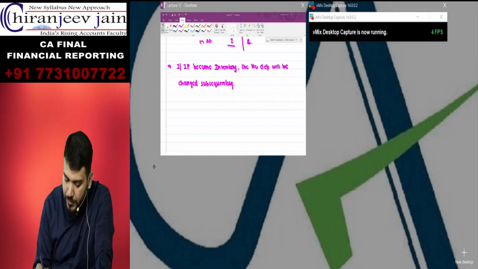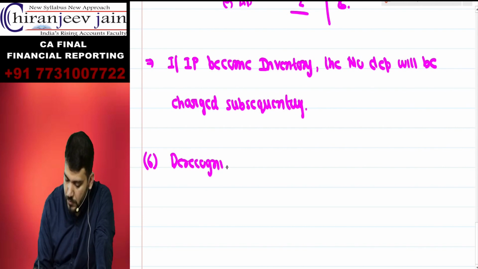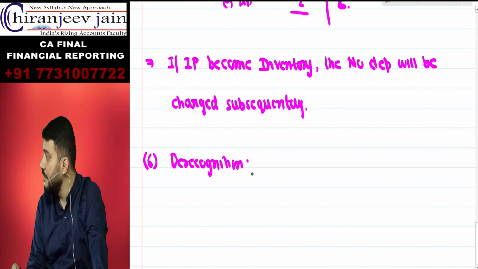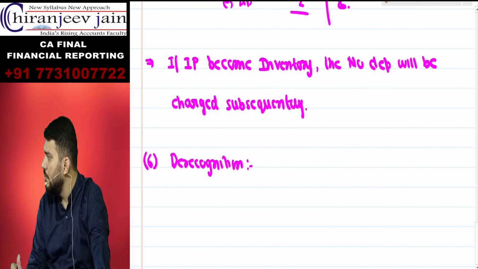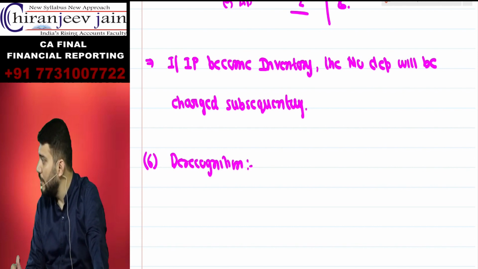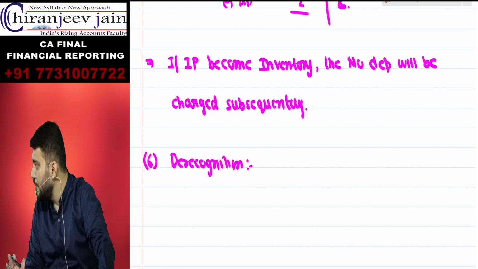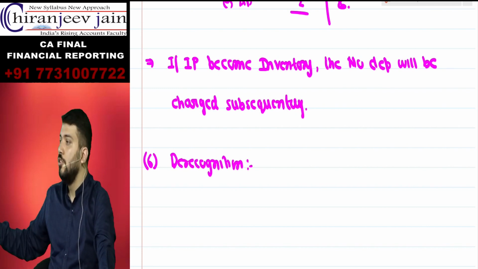Then point number 6, derecognition. Classification, how? That is classification of non-current to current, current to non-current. What you want to ask? We can do.